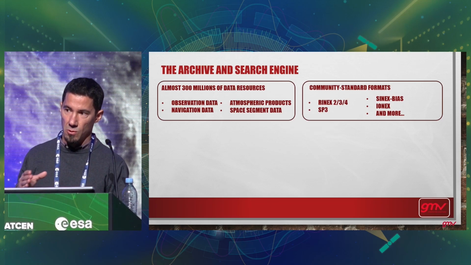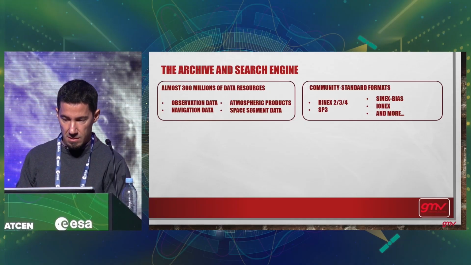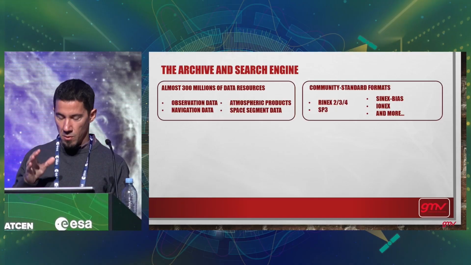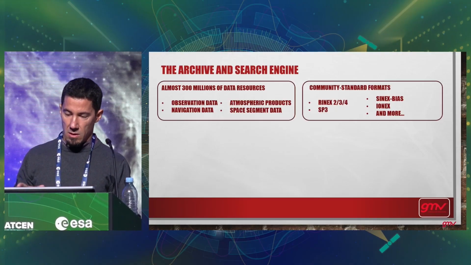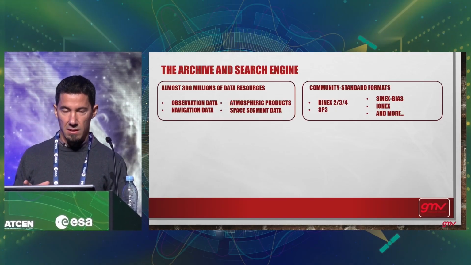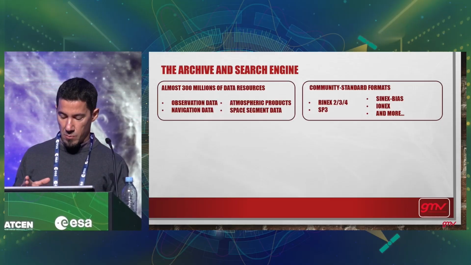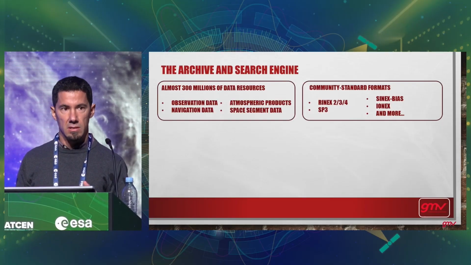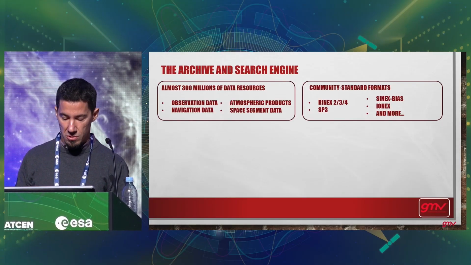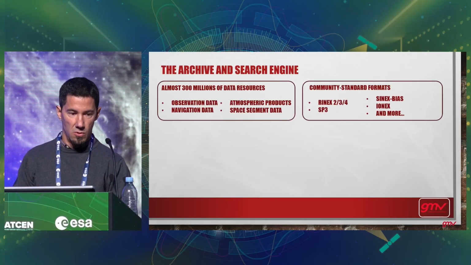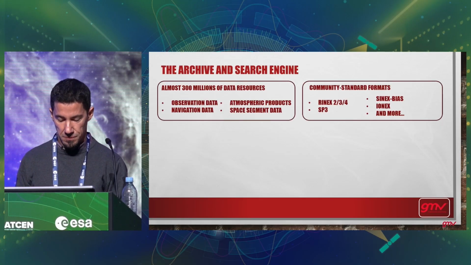And these resources include many observation data, like RINEX formatted observations from ground-based receivers, also navigation data, like satellite broadcast products such as ephemerides, orbit and clock solutions, DCB files, or ionospheric corrections.